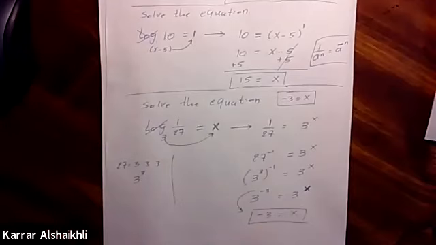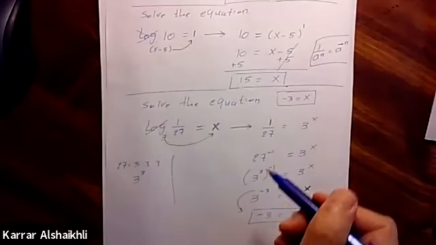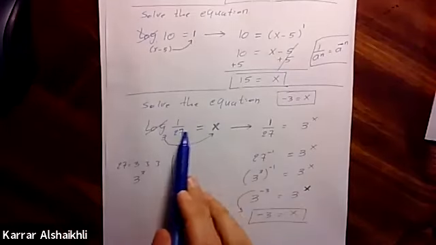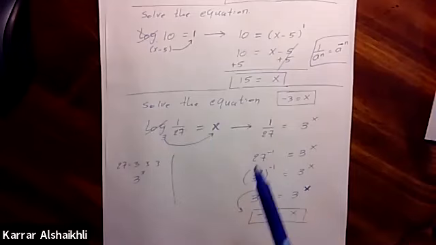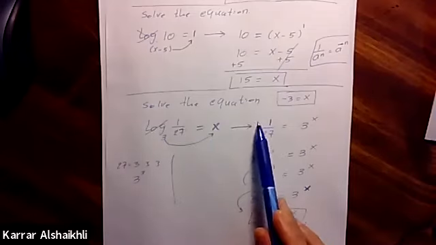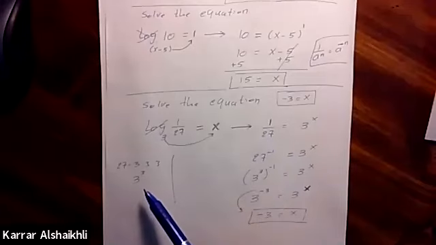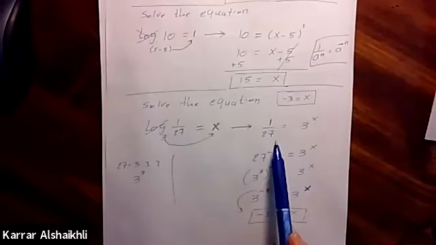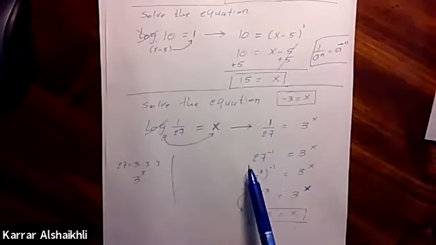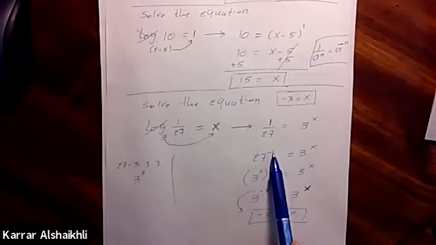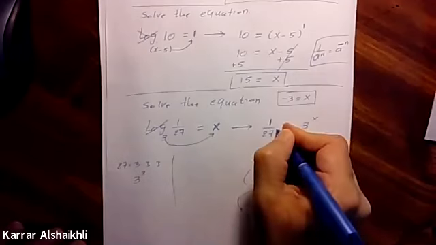If you didn't notice that, you can do this method by converting it from the log form to the exponential form. Then here on this side, analyze the 27, which is 3 cubed. Or you're going to move the 27 on the top. It is going to be 27 to the -1, because the exponent here is 1.